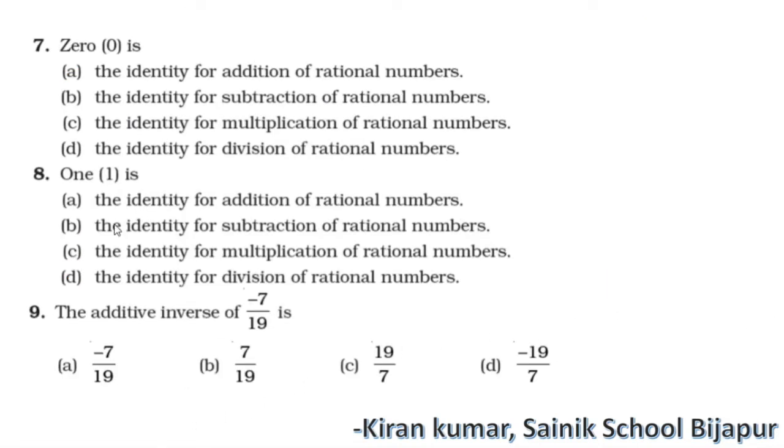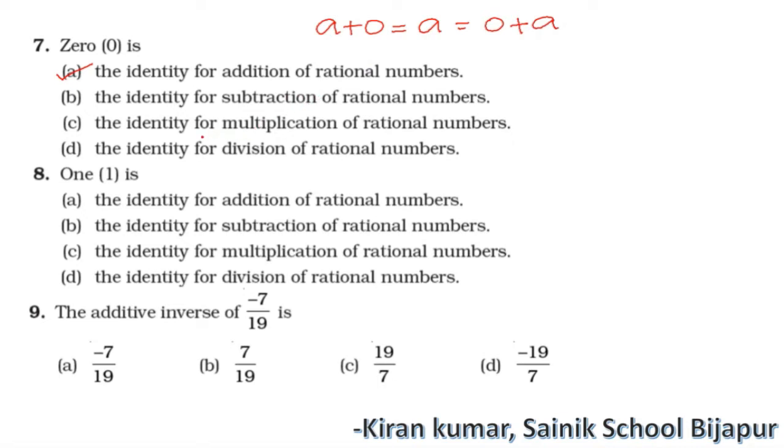Statement 7. 0 is known as the additive identity element. It's an additive identity under addition, because we have learned that A plus 0 is A, which is the same as 0 plus A. This is the role of 0, and 0 is the additive identity element.